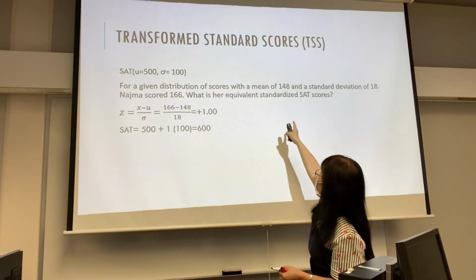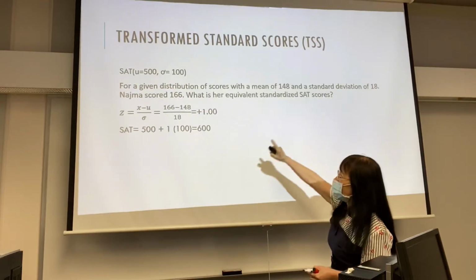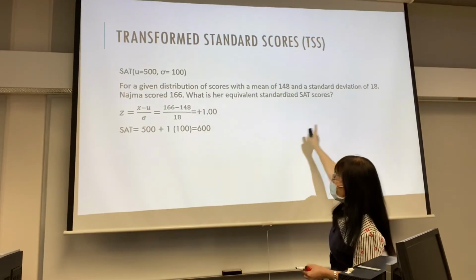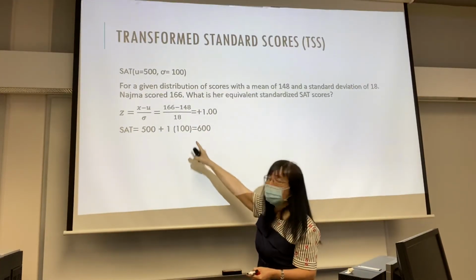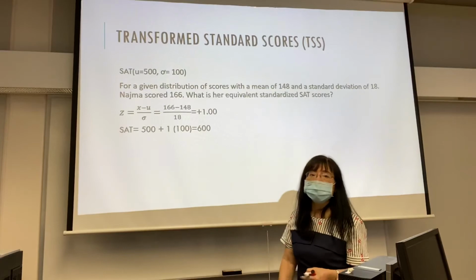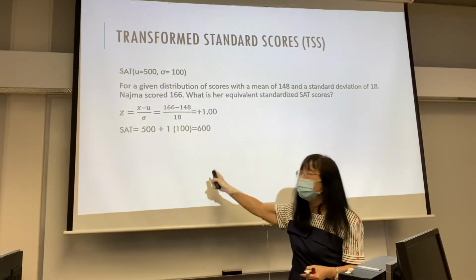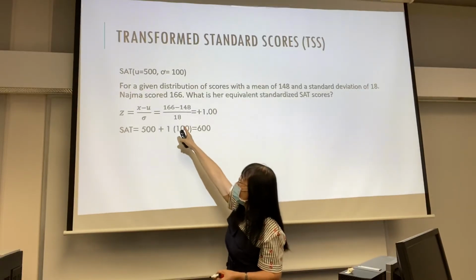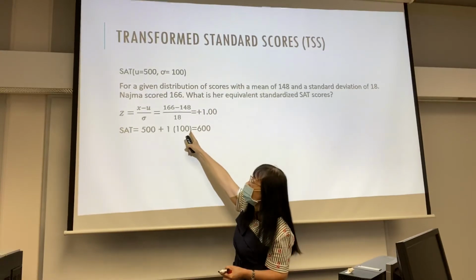Then your SAT, right? So the mean score is 148, standard deviation 80, and the person gets score 166. You want to transfer this to your SAT. So you subtract 166 minus 148, divided by 80.